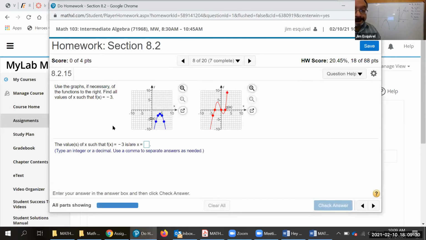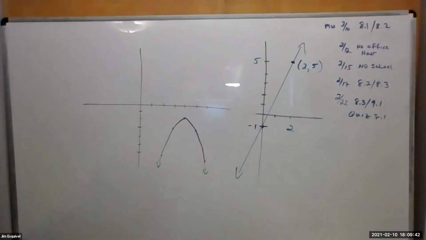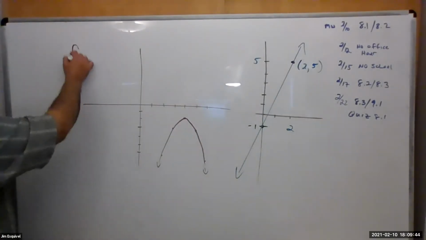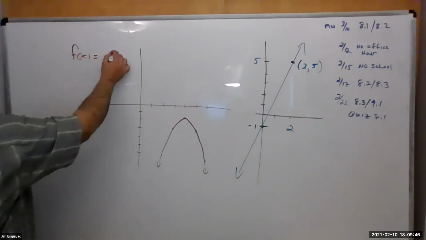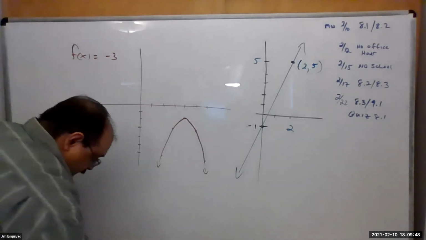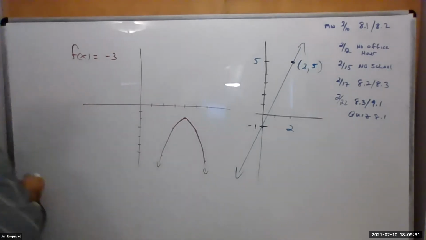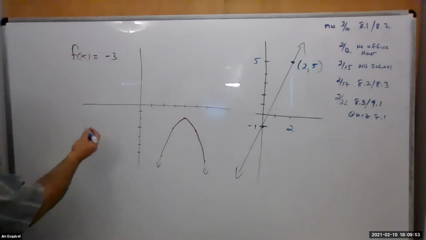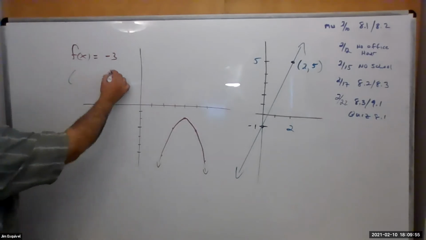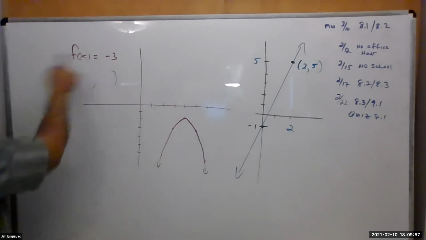It says find the x values, and it's in parentheses, so maybe there's more than one, where f of x equals -3. So where f of x equals -3. That -3, is that the x or the y?